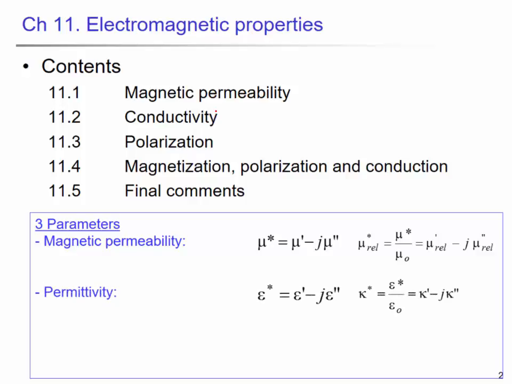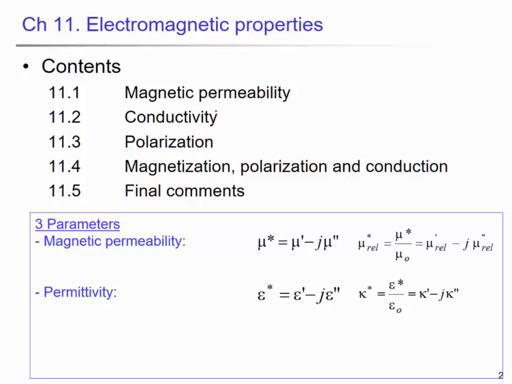And permittivity is what? That indicates how the material can be polarized. So epsilon is the permittivity, the complex permittivity. Here the real value, epsilon prime, captures the polarizability of the media, and epsilon double prime is what?